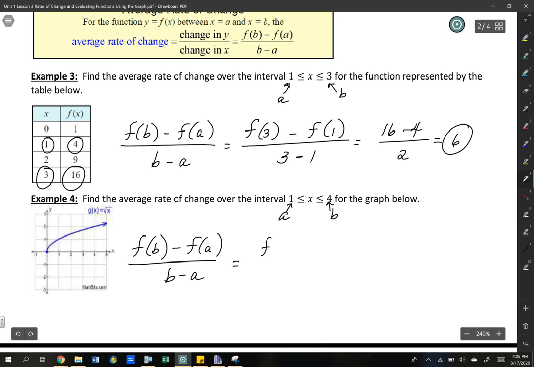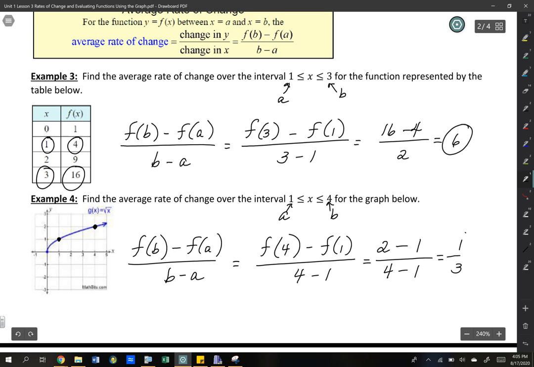So we want f of 4 minus f of 1 over 4 minus 1. F of 4, so if I put the value of x is 4 into this graph, I get 2. F of 1, I get an output value of 1. So we get 1/3. All right, not so bad.